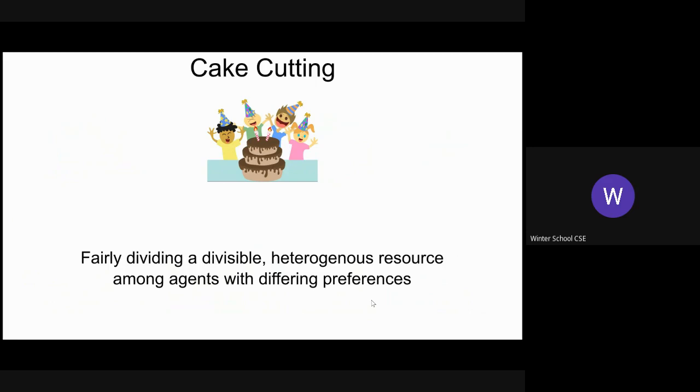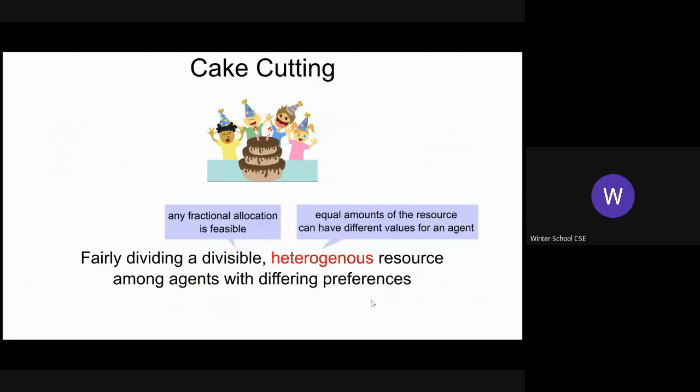Okay? So it's a problem of fairly dividing a divisible resource because you can cut up the cake in any way you want. And it is also a heterogeneous resource because different parts, like equal amounts of the cake, can have different values for any agent, right? So if you give me like this much from the chocolate part and this much from the strawberry part, I might value them differently, right?